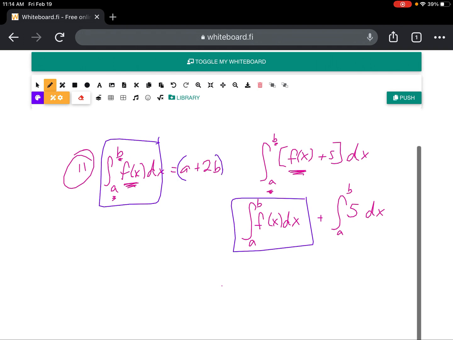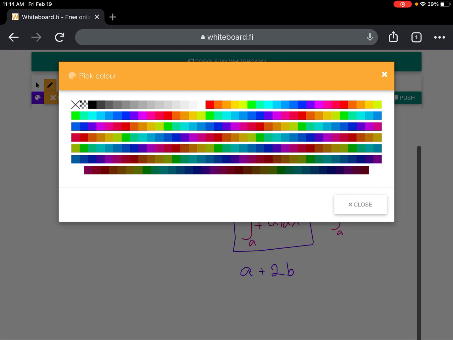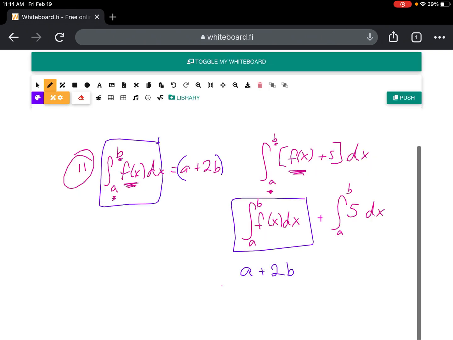So we can use substitution to replace that integral with a plus 2b. Okay, and then the last integral is the integral of 5. The integral of 5 is 5x, and we're going to evaluate that from a to b. So this is going to be 5b minus 5a.